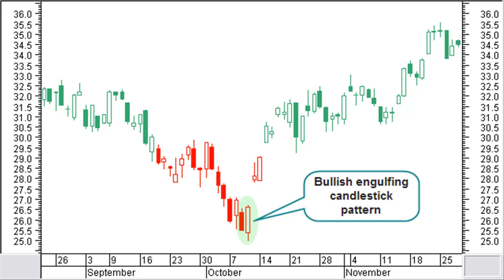Candlesticks show a number of bottom and top reversal patterns and some continuation patterns that can be used successfully for entering or exiting a trade.